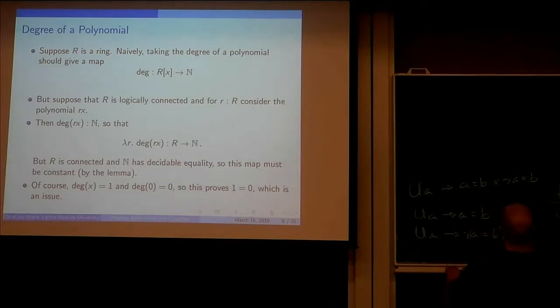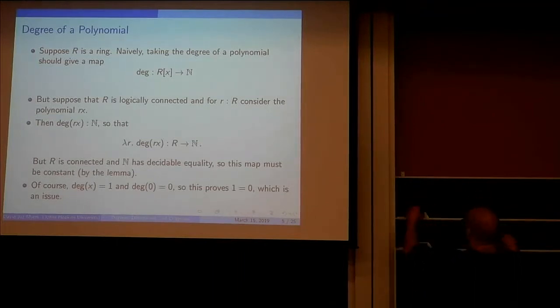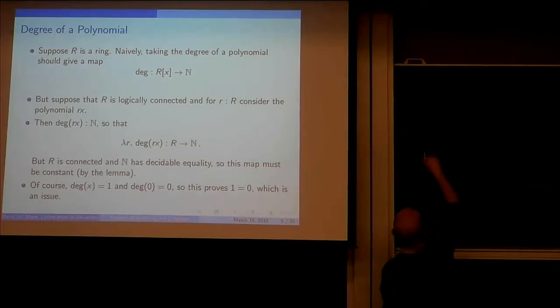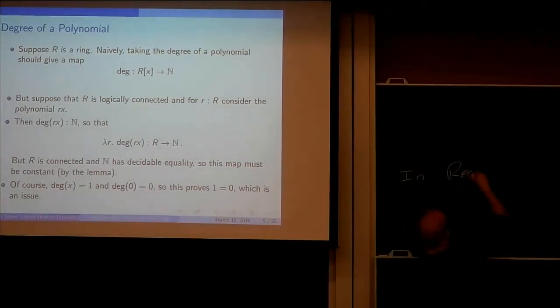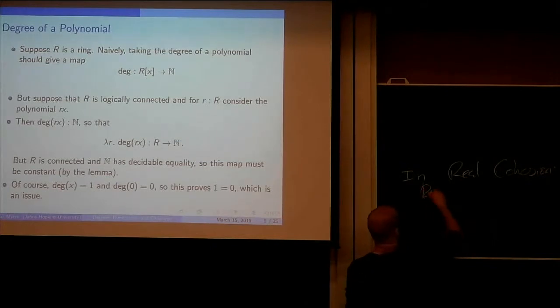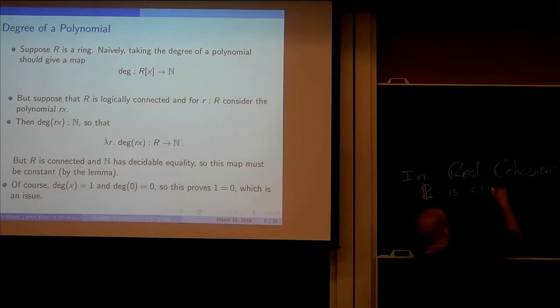So, in particular, in real cohesion, R, the Dedekind reals, is connected.